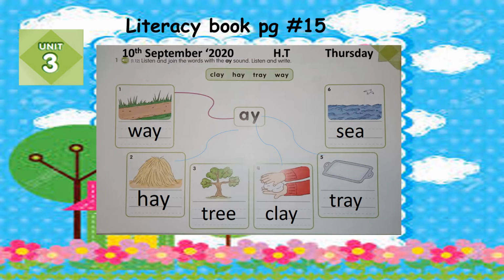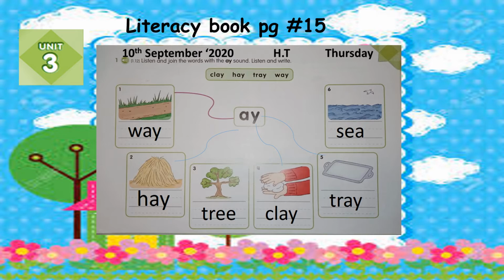That is, listen and join the words with the A sound, full stop, listen and write. On this page, the digraph A is given, and we have to write words in which the A sound is coming, under each picture.